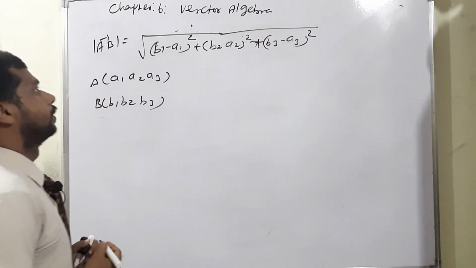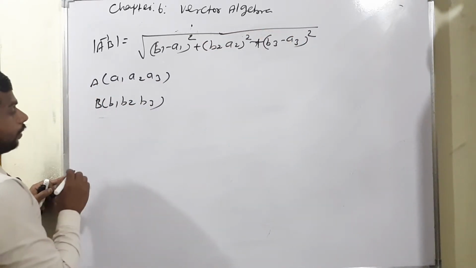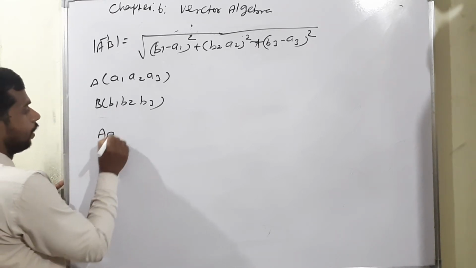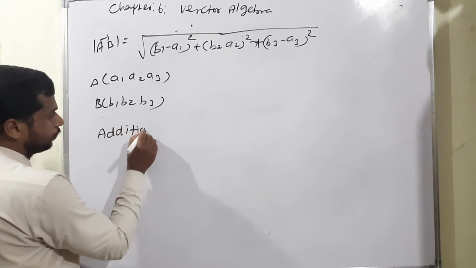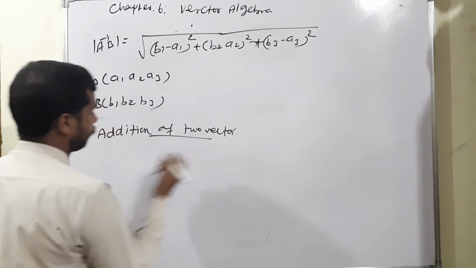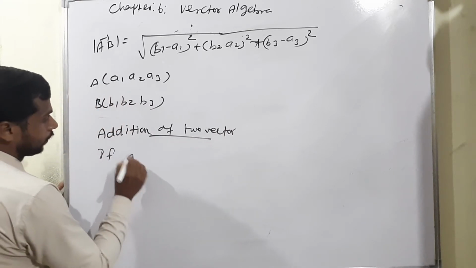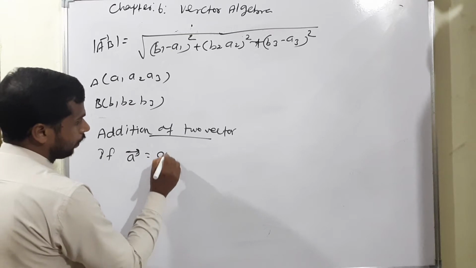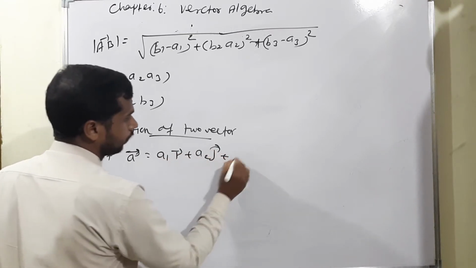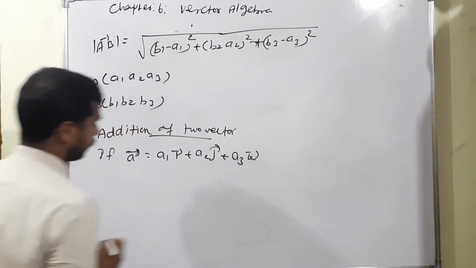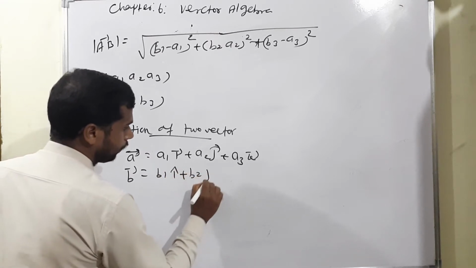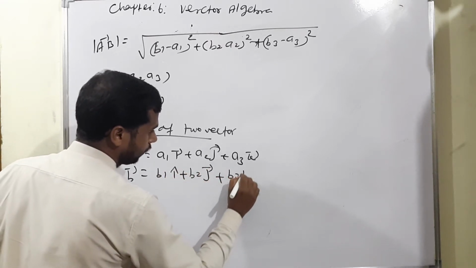Okay, how to... this is one of the terms. Then another important one: how to find the addition of two vectors. Consider A vector equal to A1 i vector plus A2 j vector plus A3 k vector, as well as B vector equal to B1 i vector plus B2 j vector plus B3 k vector.